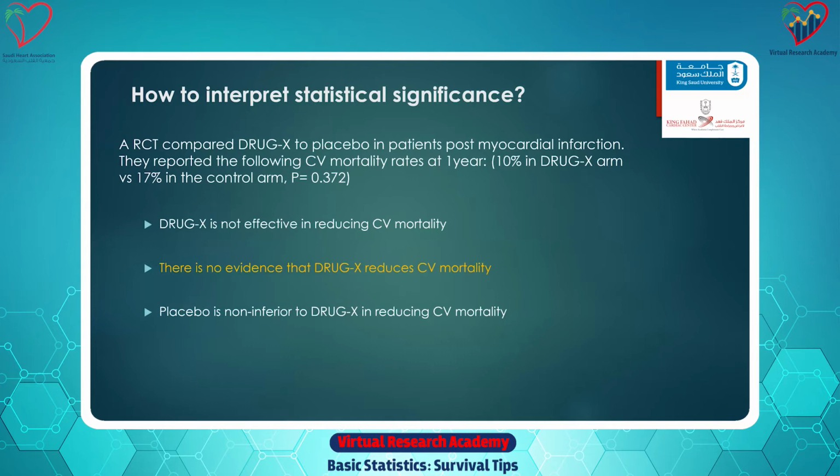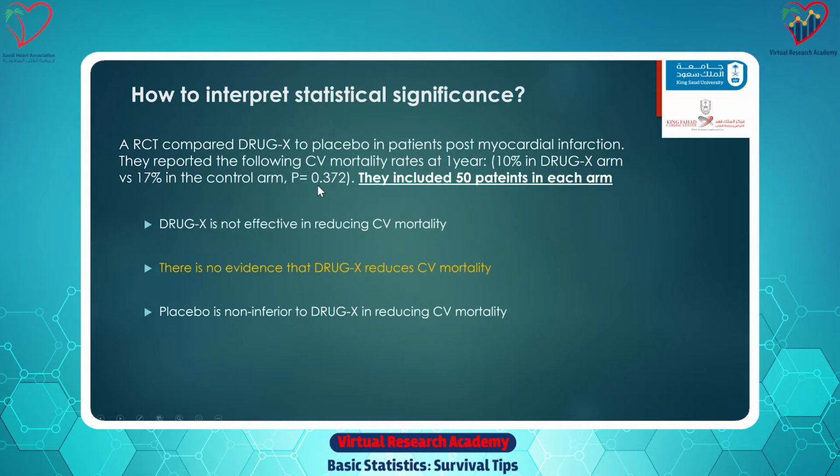But let's say you read the paper, and I'll give you a piece of information that I didn't give you the first time. You find out that they actually only included 50 patients in each arm. Now, I hope if you chose A, you'll know why A is not necessarily the right answer.